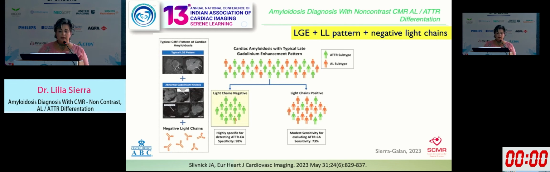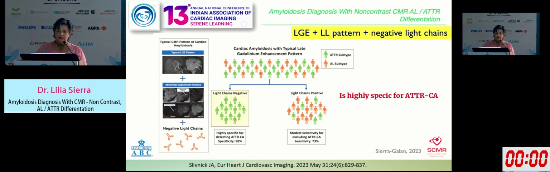But if we combine the LGE plus the Look-Locker pattern or the T1 scout, depending on the machine you are using, plus the absence of light chains, we could have a very, very high test to diagnose ATTR and to discard AL cardiac amyloidosis.